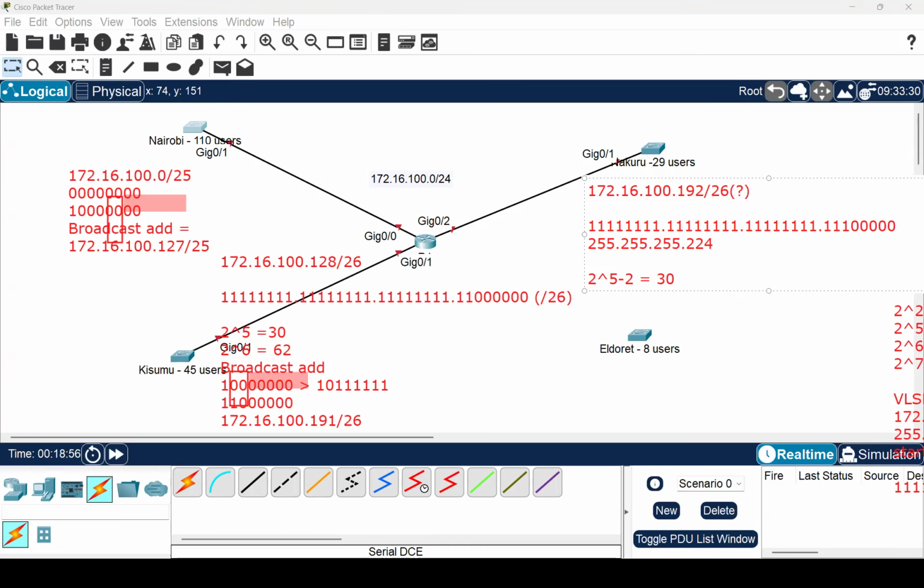So that is our new /, which is the same as /24, 25, 26, 27. This is /27. And so our network address for Nakuru becomes /27.